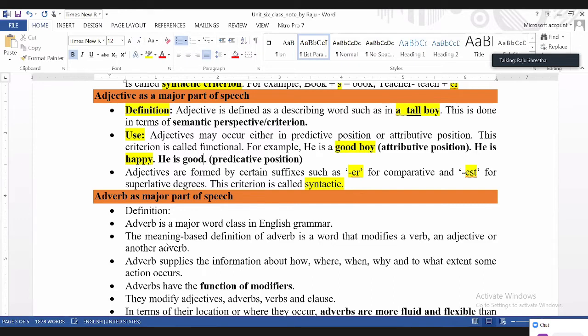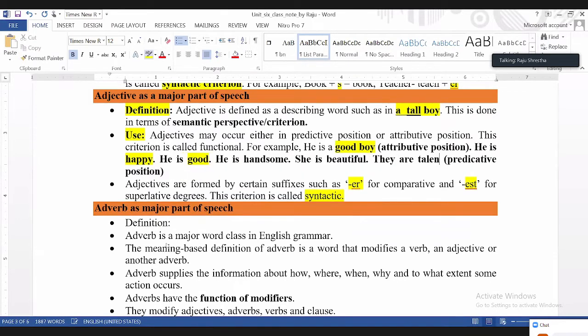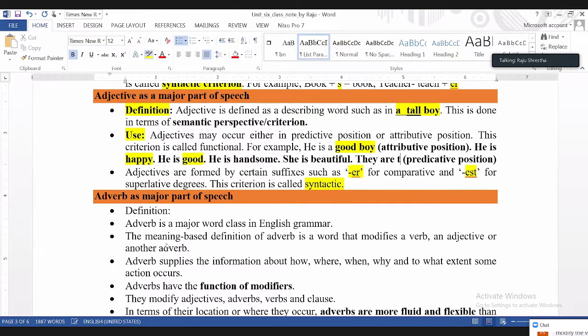He is good भनेबित्तिकै good is what, at the which position? Predicative position. It predicates about the subject हैन. So he is good हैन, he is smart हैन, handsome. He is handsome and she is beautiful. Beautiful, yes they are. Talent हैन, they are elegant, talent, they are talent अथवा they are happy.